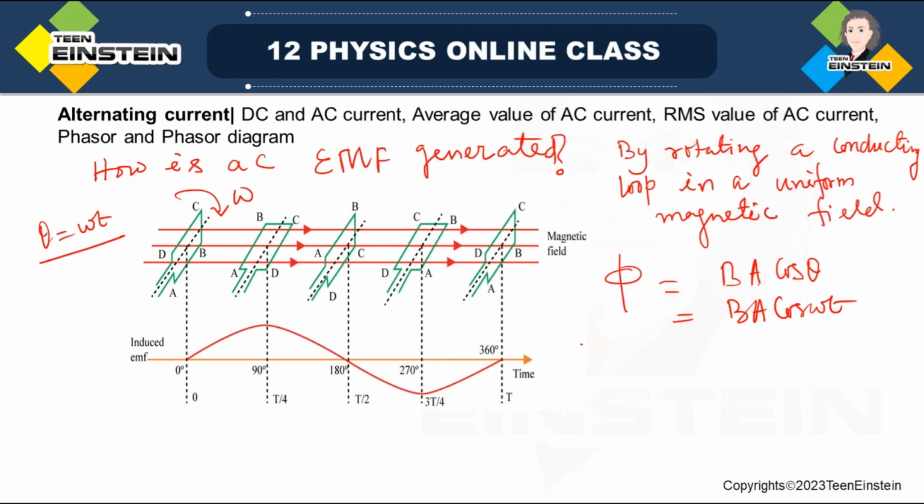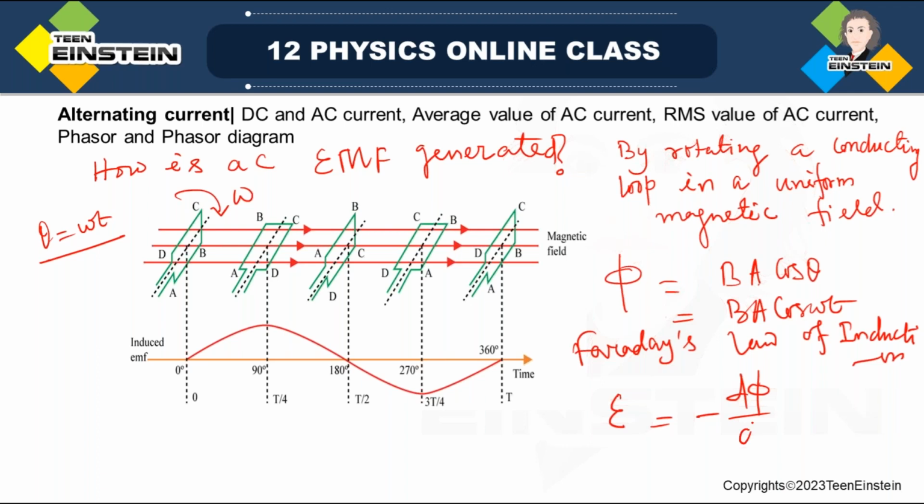Now according to Faraday's law of induction, what do we write? EMF E is equal to minus d phi by dt. So here we will get BA omega sine omega t.